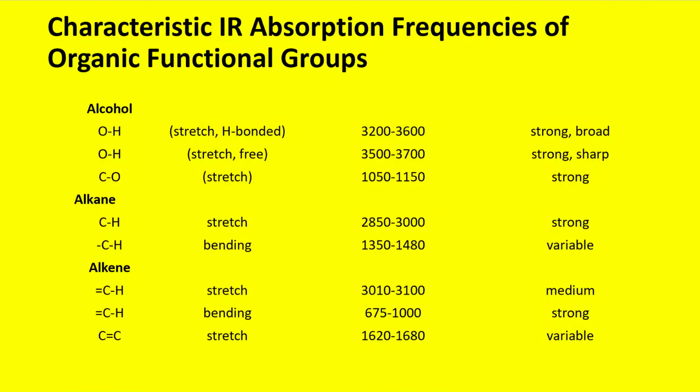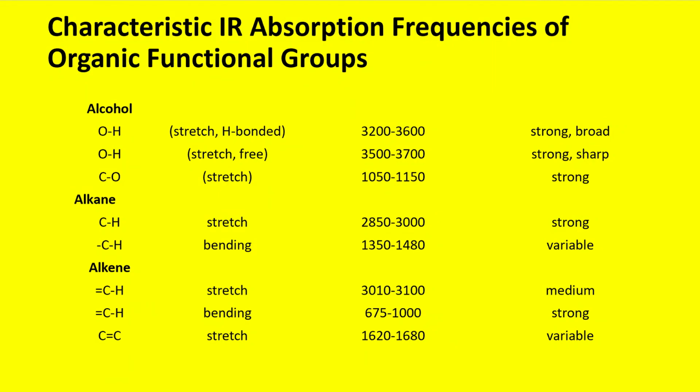All right, so finally, I'm not going to spend any time on this, but the idea here is that you can download IR tables and look at them. This is what they look like. You will see the functional group, whether or not it's a stretch or a bend or both.